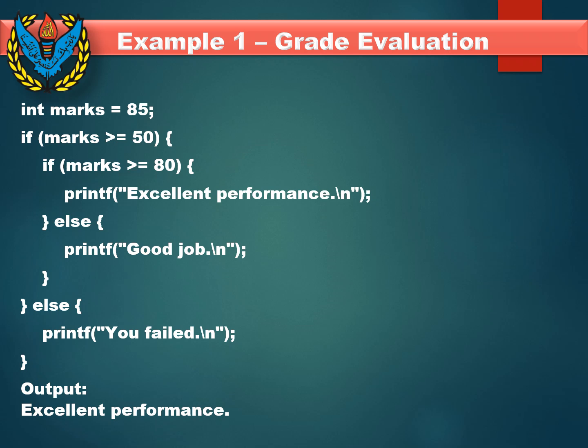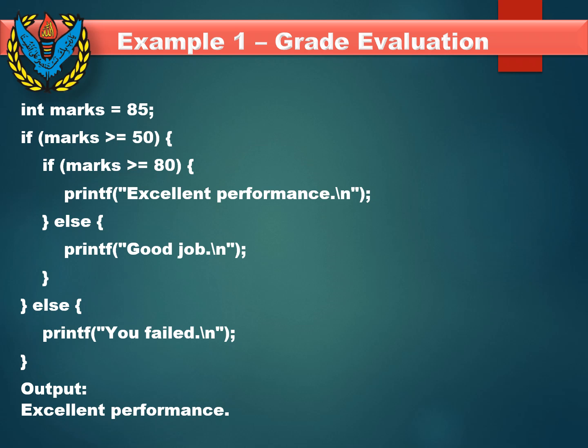Now example 1, grade evaluation. This is a program which demonstrates the use of the nested if else statement in C language. In this program, we declare a variable named marks having data type integer and assign the value 85 to this variable.